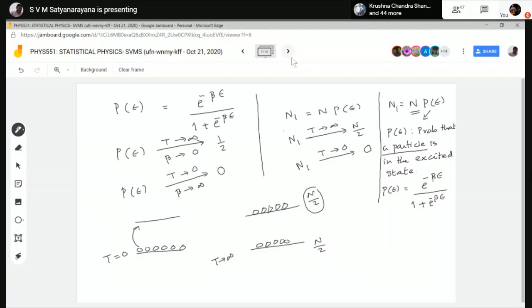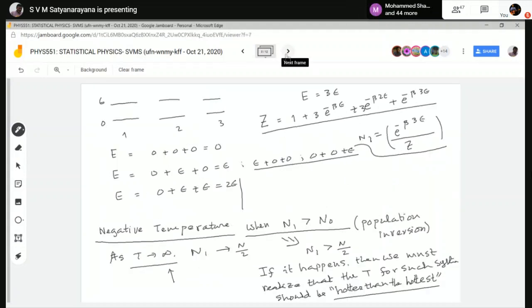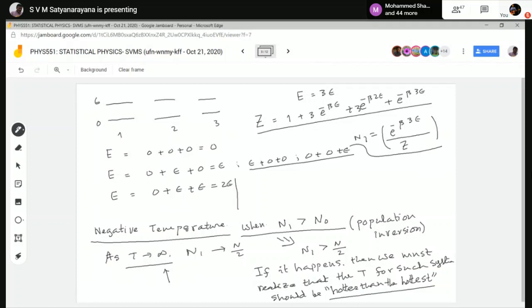So we then asked the question, is it possible that the negative temperature that we have discussed earlier corresponds to a situation where n1 is more than n0? That means n1 should be more than half the particles. If this kind of scenario happens, then we must realize that the temperature for such a system should be hotter than the hottest.